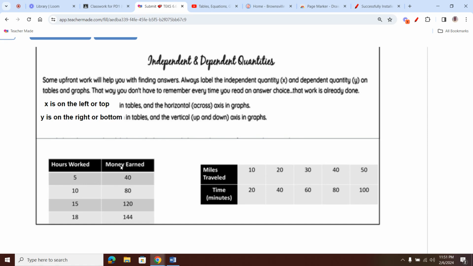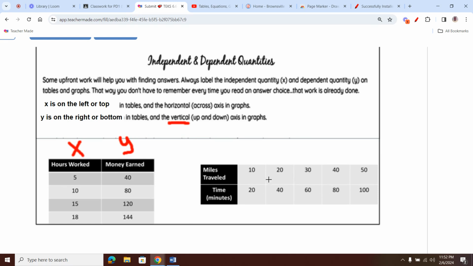Okay, so x is always on the left side if it's a vertical table, which is up and down. This is the x, which is your independent, and this would be your y, which is your dependent. Those are vertical tables.